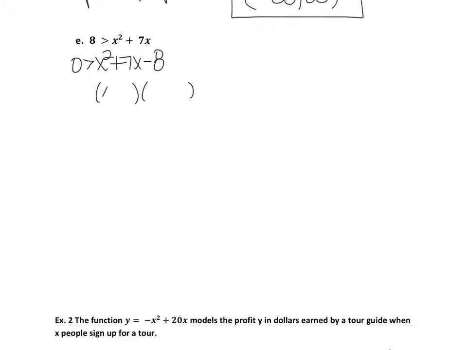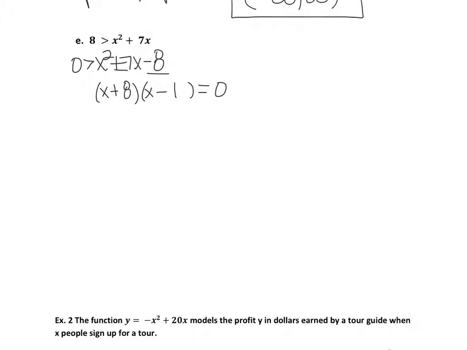Okay, so here I've got x and x, and I am breaking down the factors of 8 that subtract to 7. What times what gives me 8 that subtracts to 7? That's going to be 8 and 1, positive 8 and minus 1.